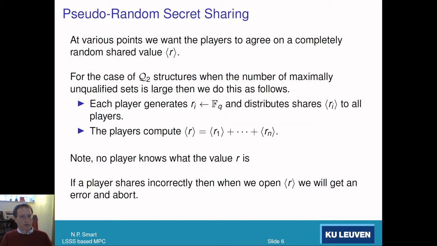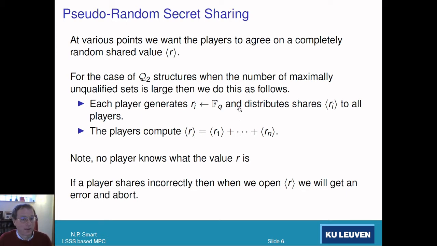Well, for Q2 access structures, the first component we're going to use is something called pseudorandom secret sharing. And we're going to do this in two ways. Now, if the number of maximally unqualified sets is large for the Q2 access structure, for example, if we have a threshold structure with n equals 100 and the threshold t being 50, then the number of maximal unqualified sets is huge. If we have that case, to produce a random sharing of a value r, we can do it by interaction.